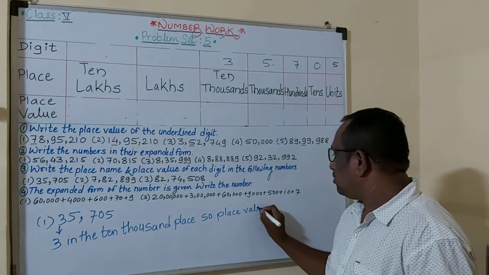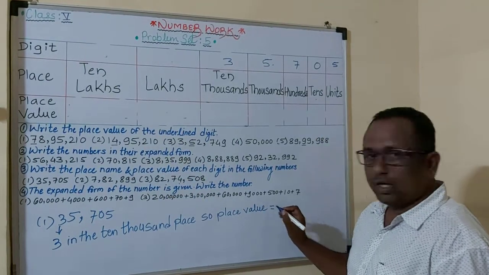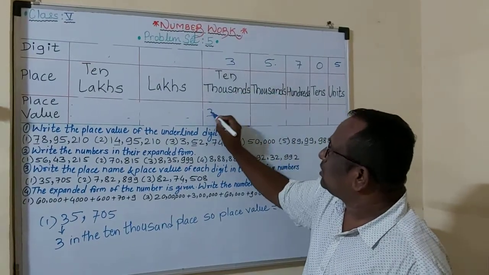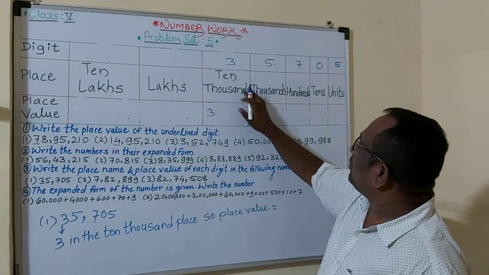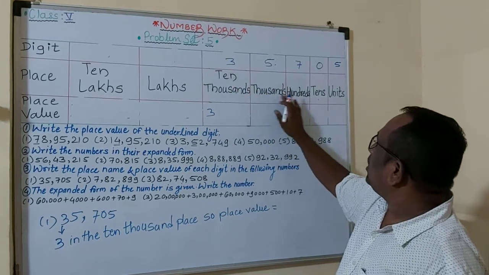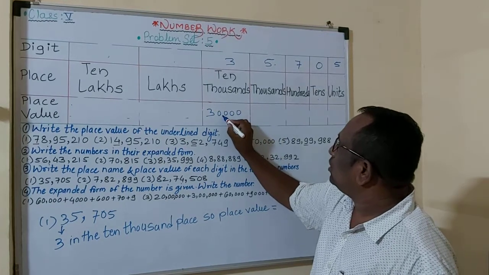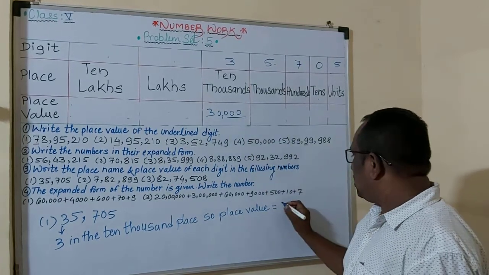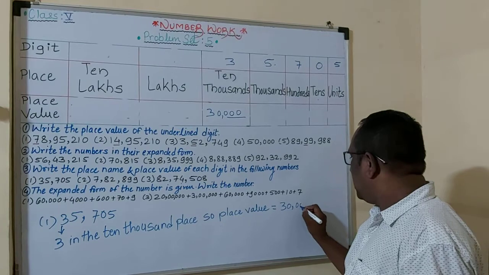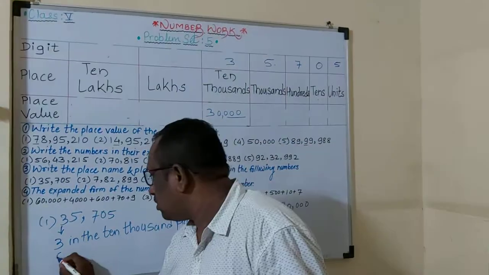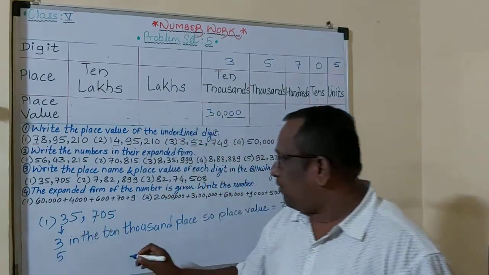The place value is equal to 3. Now see 3 in the 10,000 place. After this 3, how many digits are there? 1, 2, 3, 4. So this is 30,000. So you have to write 30,000.